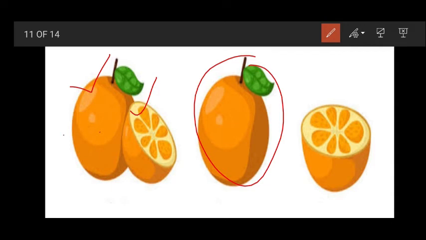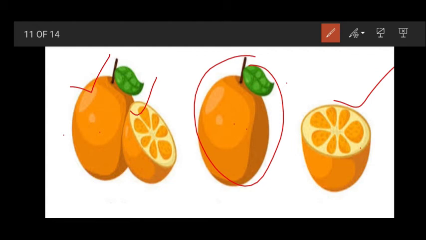Okay children, so the first one is less, but the second one is less than the first one, so it is called less than. But see children, what about the third? There is only half, so what is it called? It is called least. So the first one has 1.5 oranges, so it is less.